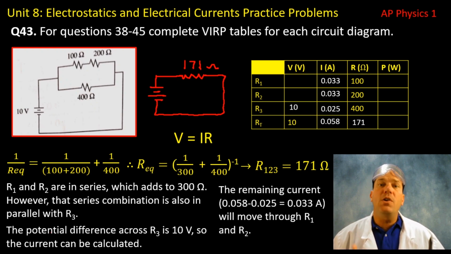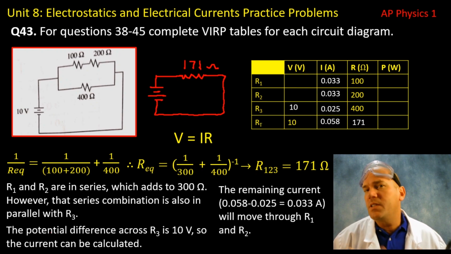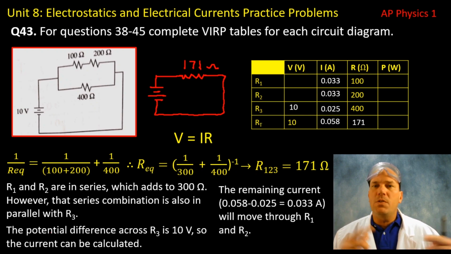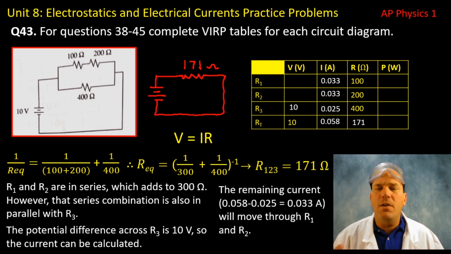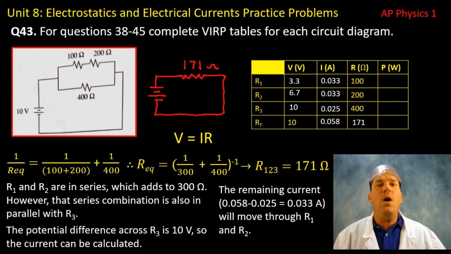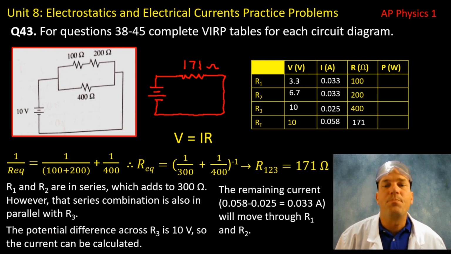Well, we know that the current will be constant. So because we know 0.033 amps will go across those two resistors and remain constant, we've now identified currents for R1, R2, which means we have enough information to calculate the potential difference across each individual resistor, R1 and R2.